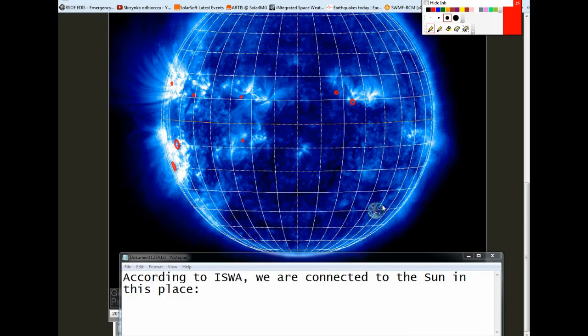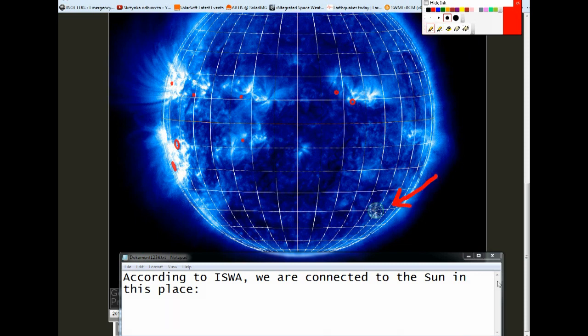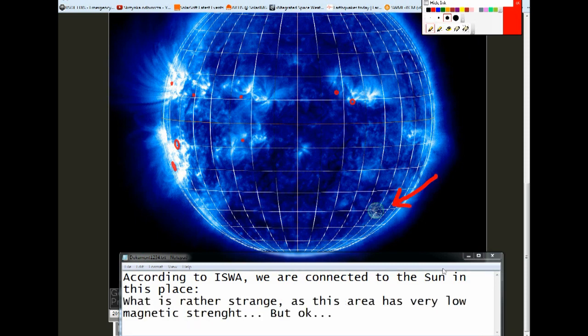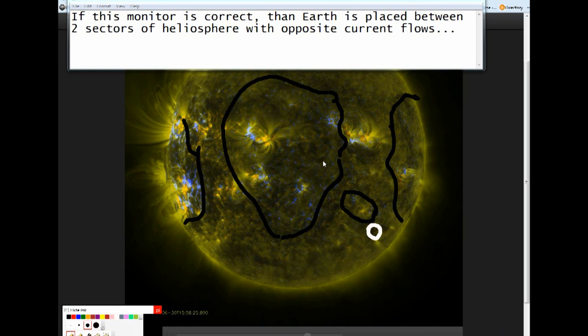According to ISWA, we are connected to the Sun in this place. What is rather strange, as this area has very low magnetic strength. But okay. If this monitor is correct, then Earth is placed between two sectors of the heliosphere with opposite current flows.